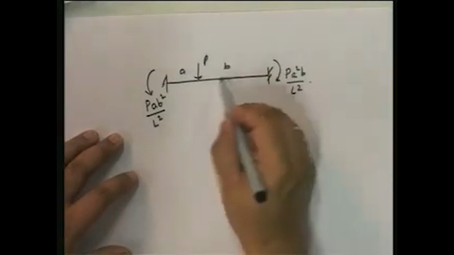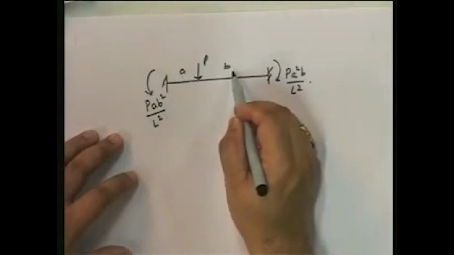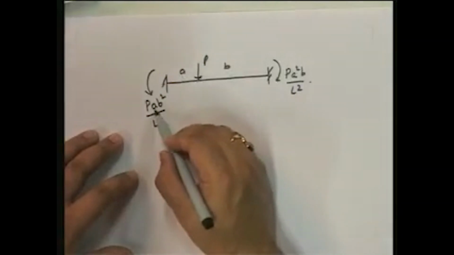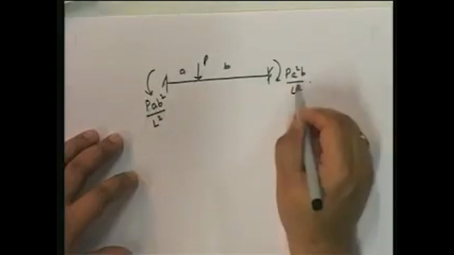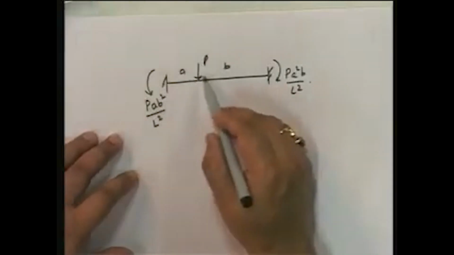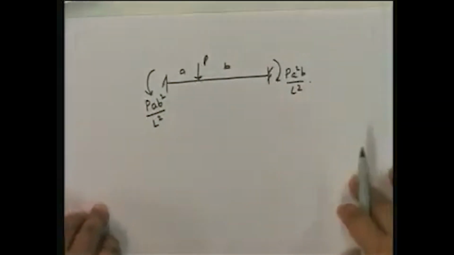Now to check, put A and B equal to L by 2, L by 2, and you will see that you will get PL upon 8, PL upon 8, which is what you got earlier. Okay? So I'm going to stop over here.